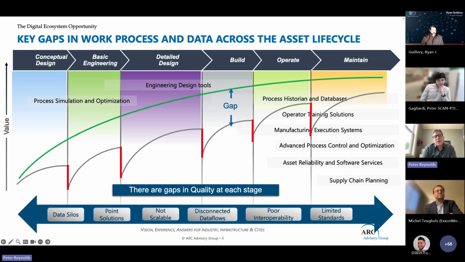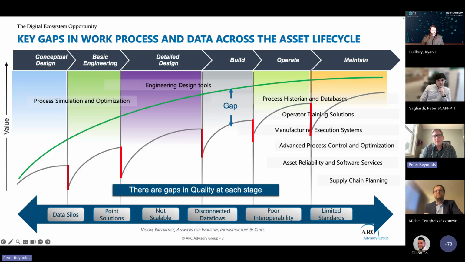So there's a number of what I would say is siloed applications across this life cycle, whether it's process simulation and optimization, the process digital twin, or engineering design tools and 3D reality capture, the 3D asset visualization digital twin, and then getting into operations and maintenance, the historian and operator training solutions, or manufacturing execution systems.